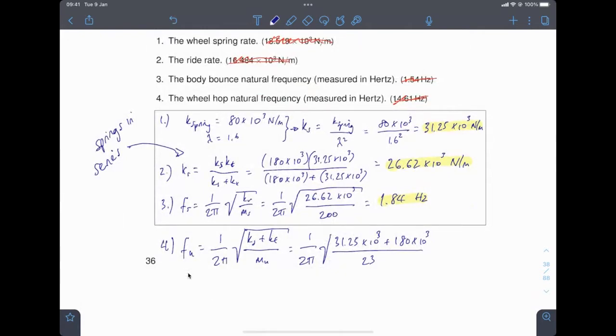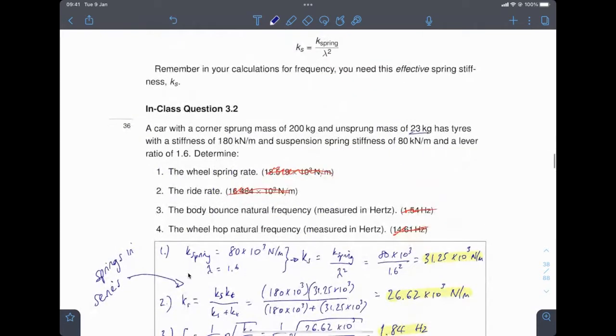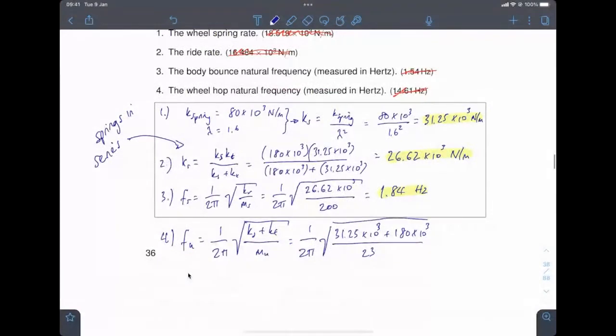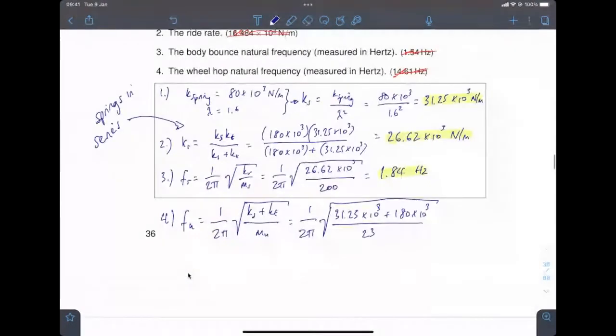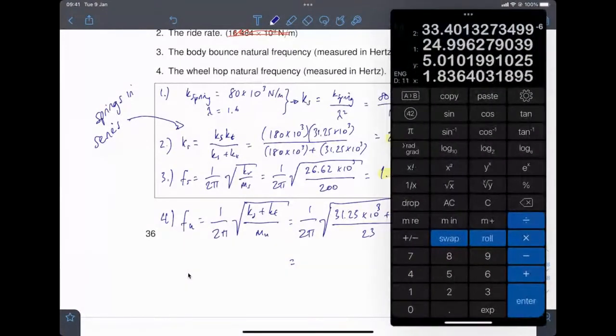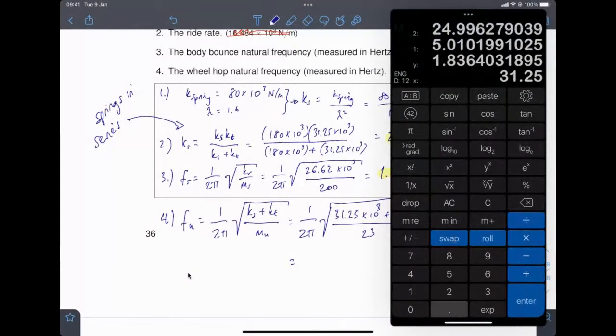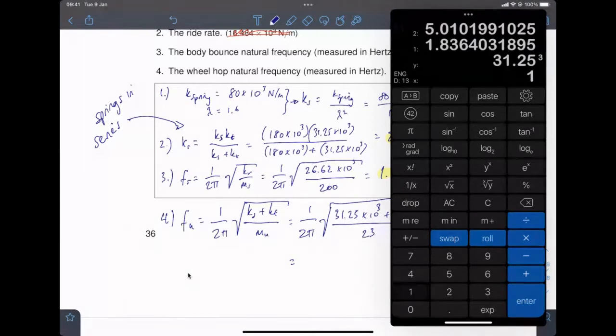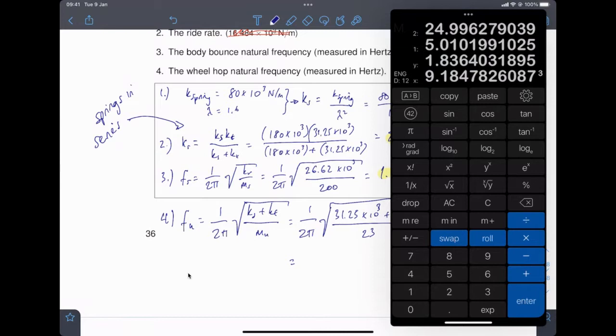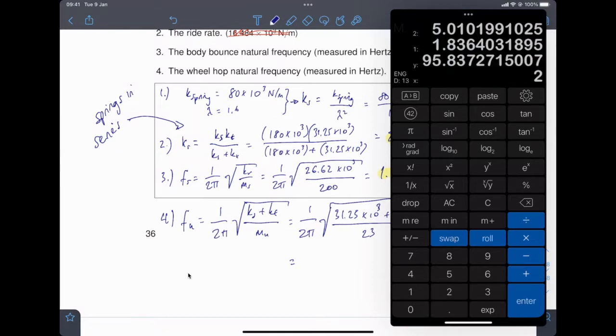Yep, 23. So we've got 31.25 times 10 to the 3, add them together, divide by 23, square root, divided by 2 pi. 15.25.